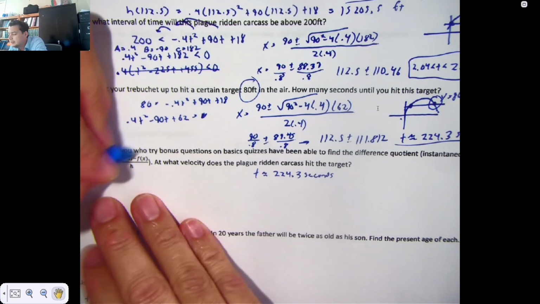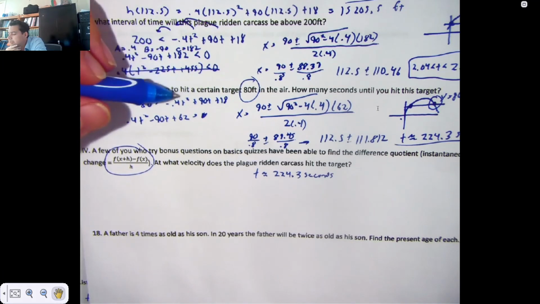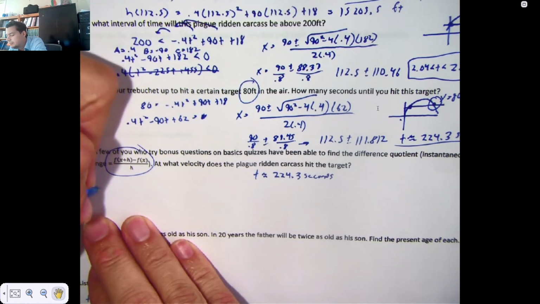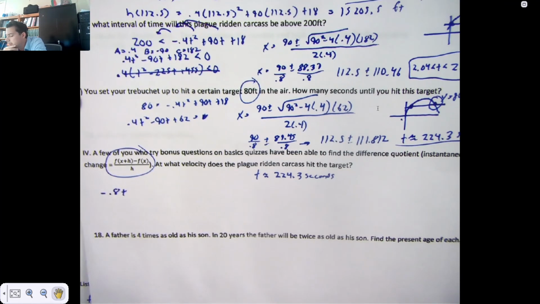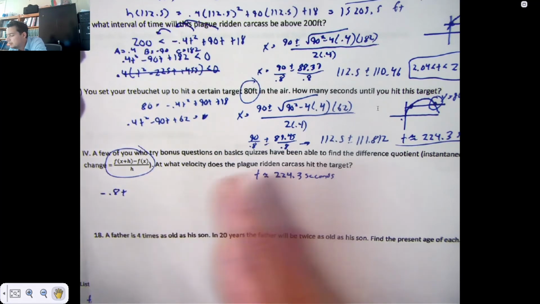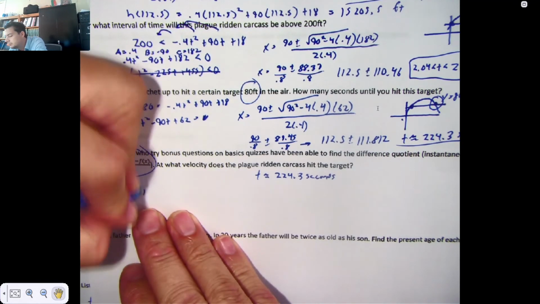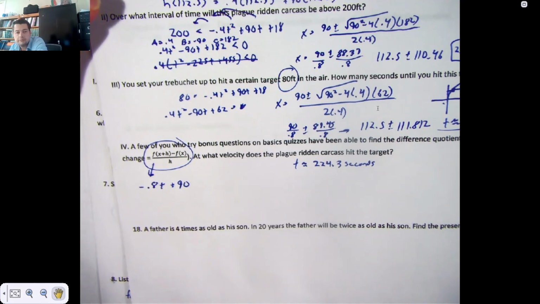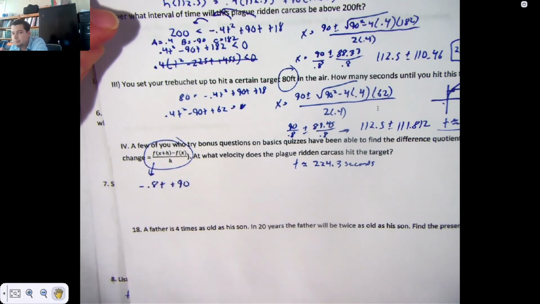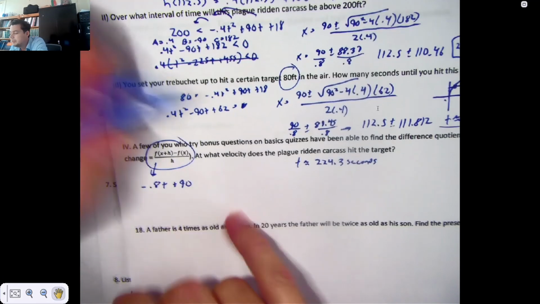And I'll let you guys figure this out, but this ends up being, I know shortcuts by the way, negative 0.8t plus 90. That's actually what that is. F of x plus h minus f of x over h ends up being negative 0.8t plus 90. If you do your work right, that's what it ends up being. But anyways, that's what the derivative is.